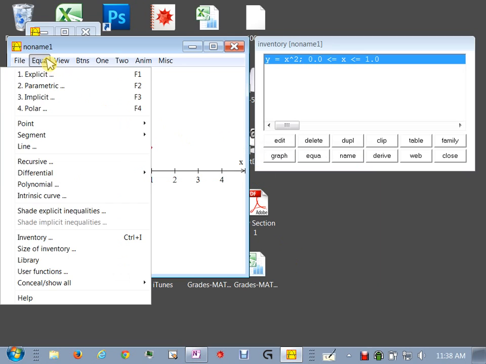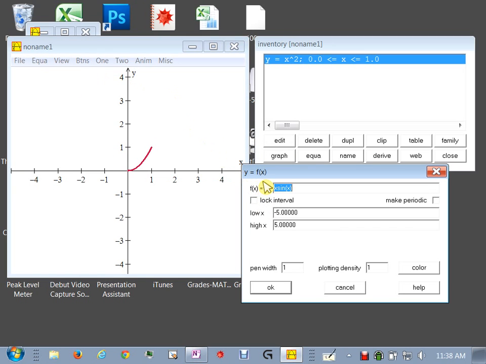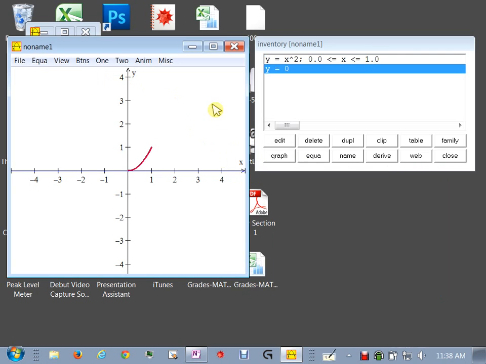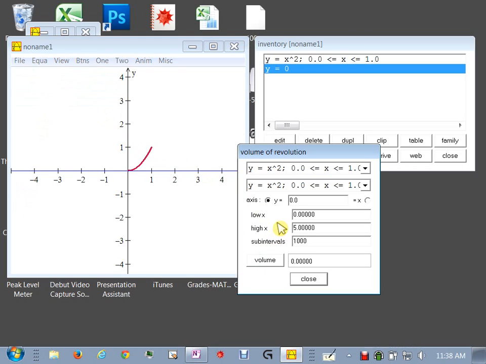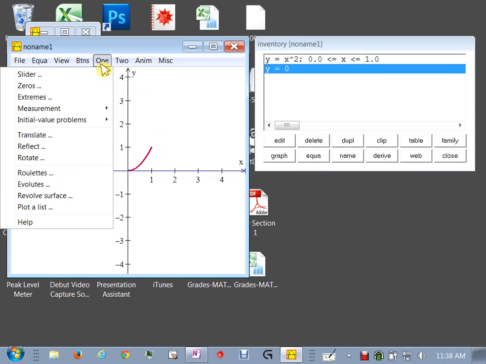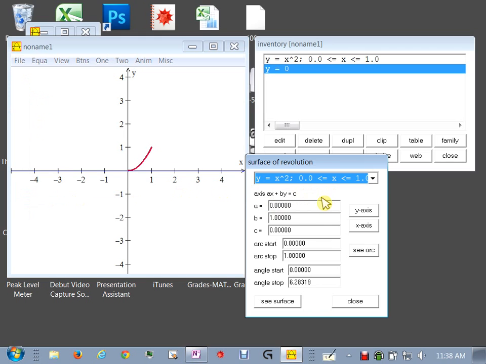Hold on, I need to add something else. No, that actually just computed the volume. I don't want that. Revolve surface. There we go. So I want to revolve that around the x-axis.